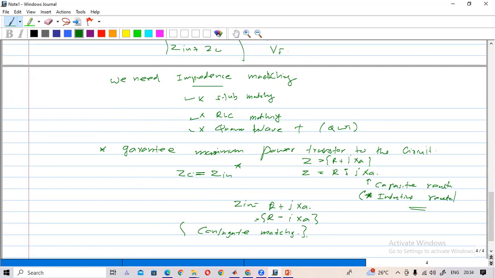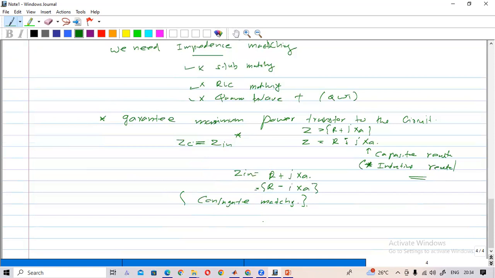So if I tell you the story again, when the signal is coming from one component to the other component, if these two component impedances are mismatched, the signal can be reflected. Some part of the signal can be reflected. But we need to minimize this reflection. For that, one impedance should be matched to the conjugate of the other impedance.